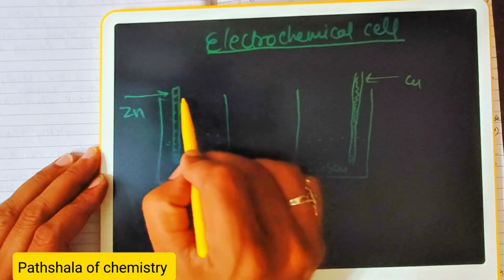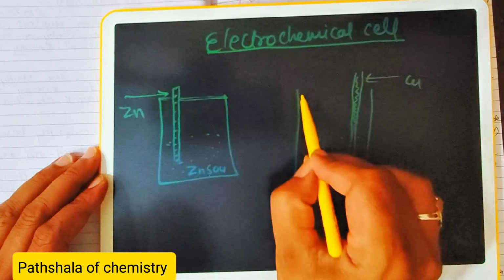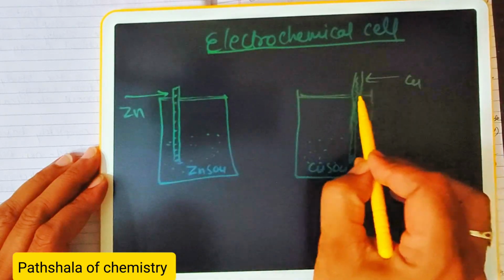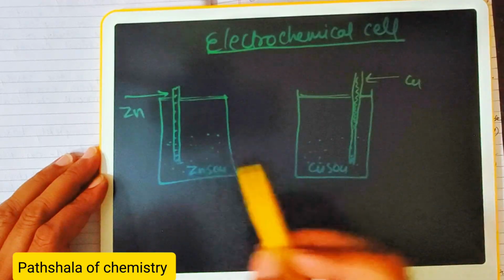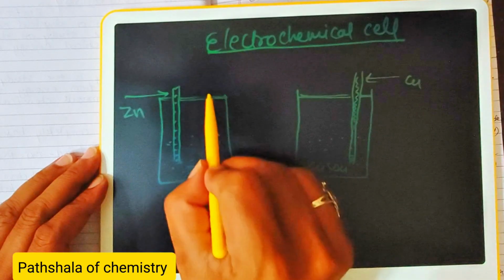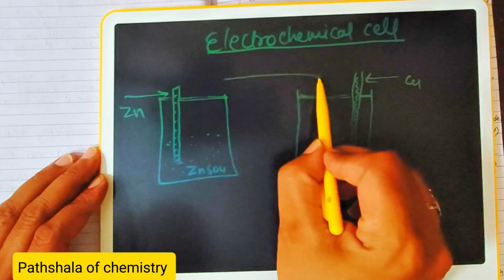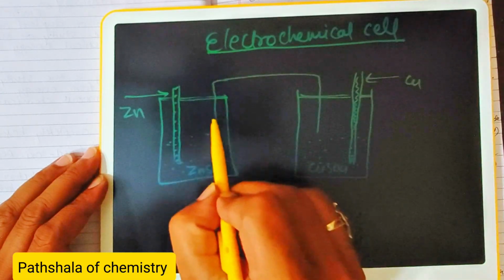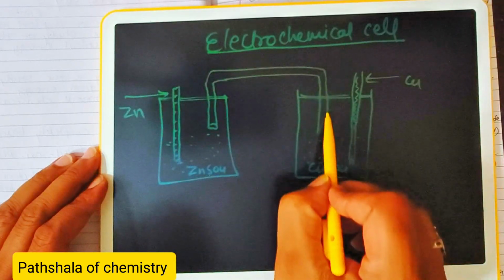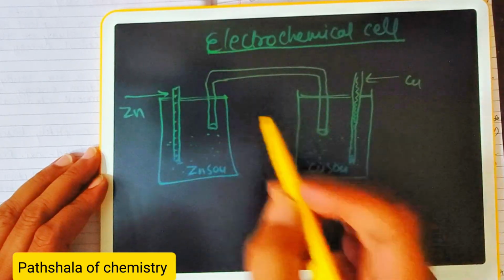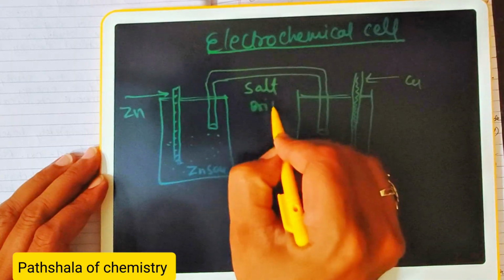These two separate parts are connected with an inverted U-shaped tube. This U-shaped tube is called a salt bridge.